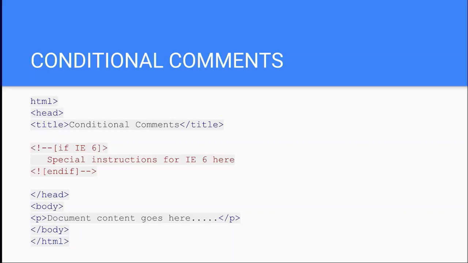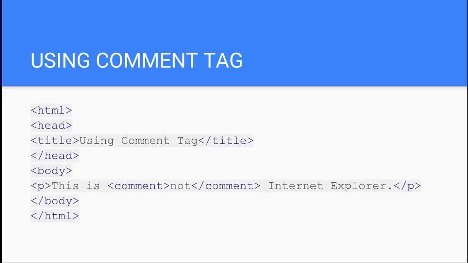Let us have a look at one more tag called the comment tag. How do we use the comment tag? If you have a look at this code, this is pretty interesting code, because it will explain the difference between the browsers. Using the comment tag is the title, and in the body we have a paragraph saying this is not Internet Explorer, and this word not is surrounded by the comment tag here.